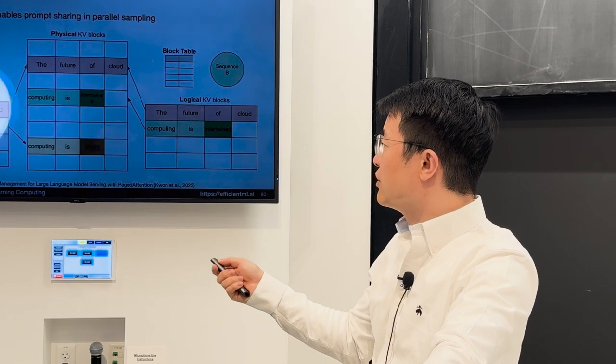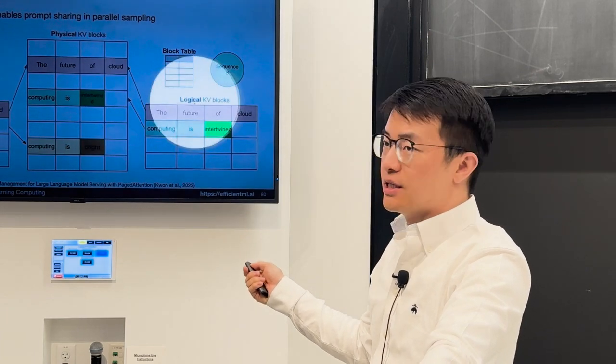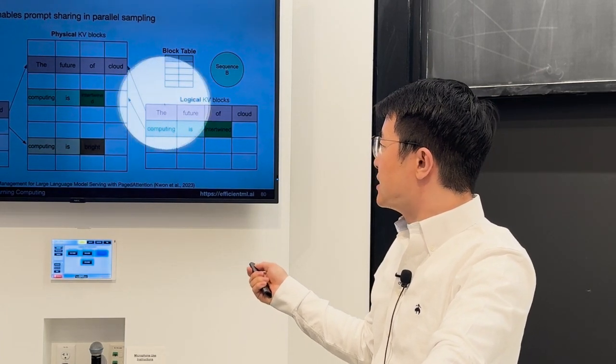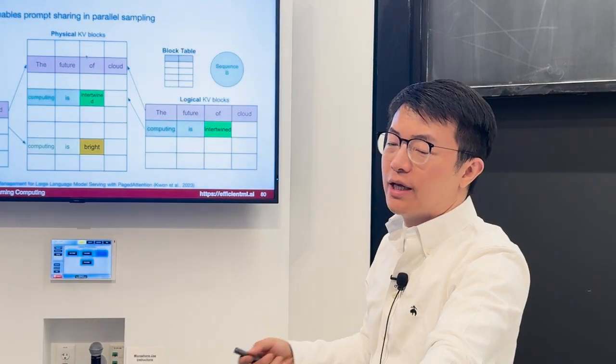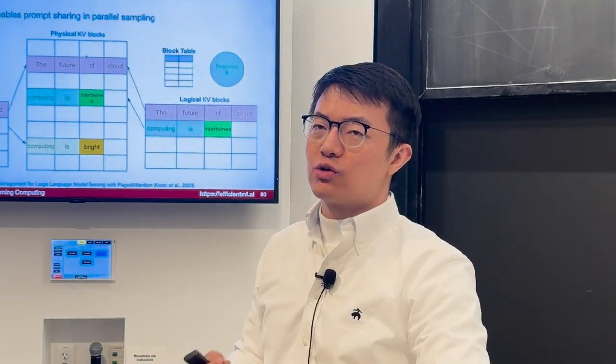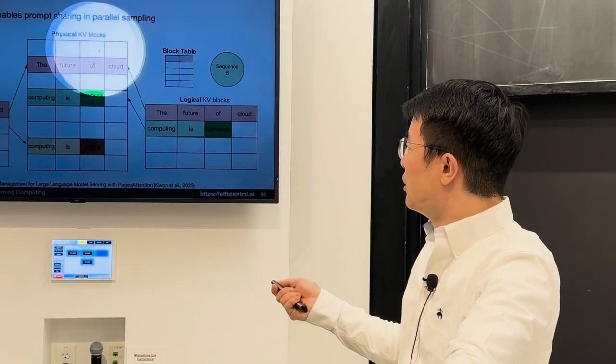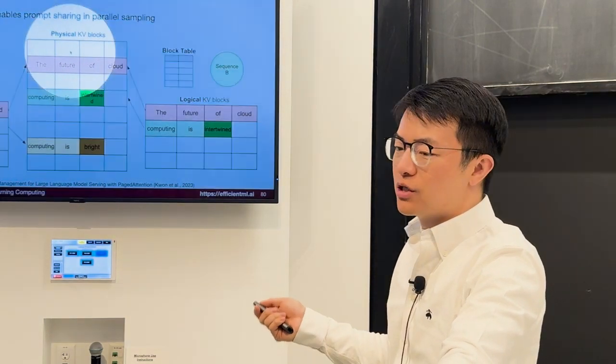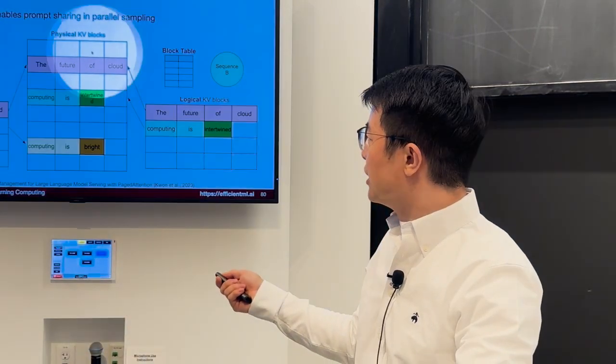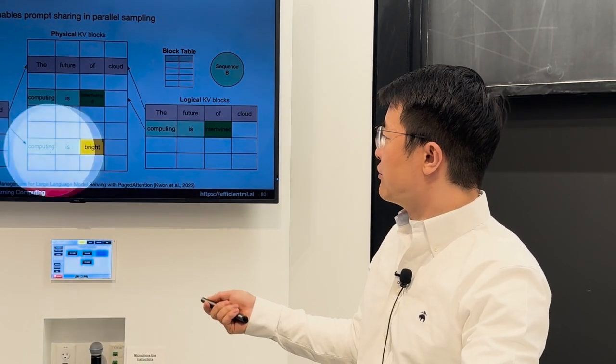So both sequence A and sequence B have this prompt. Rather than allocating duplicated KV blocks, we can just modify the pointer so that both of them point to the same physical KV block. And then they can have their own KV blocks for the parallel decoding.